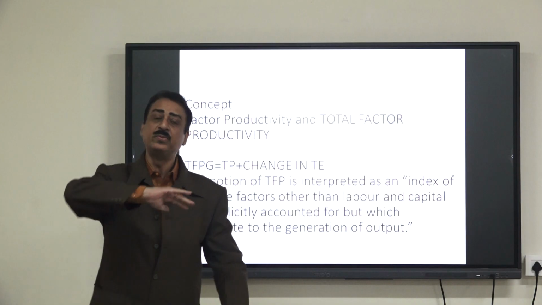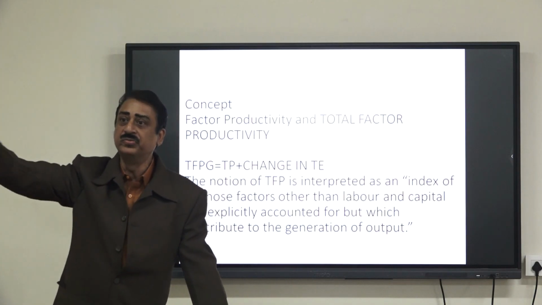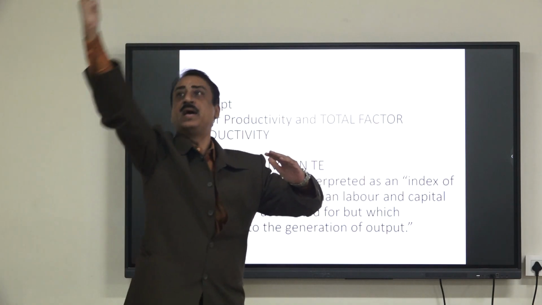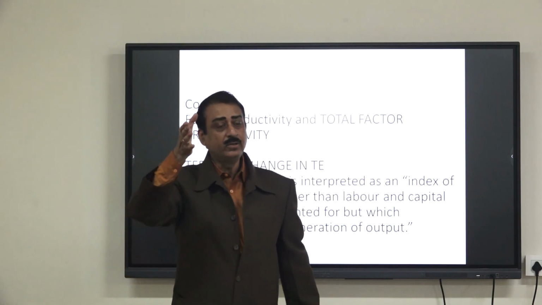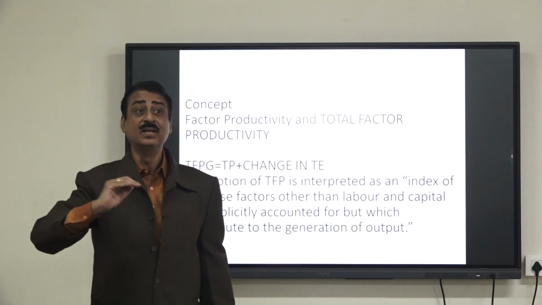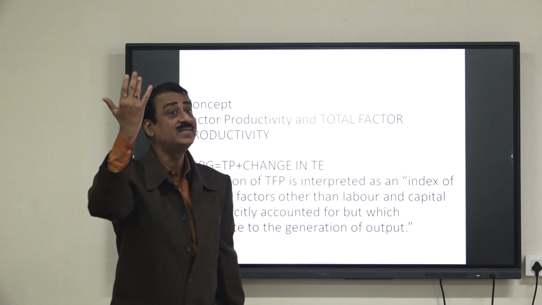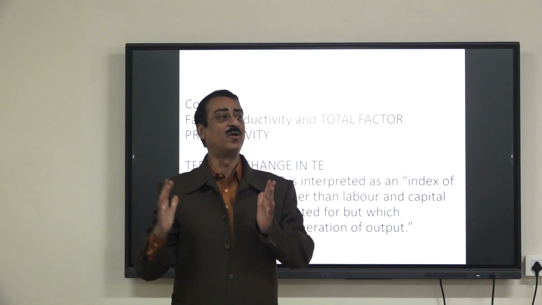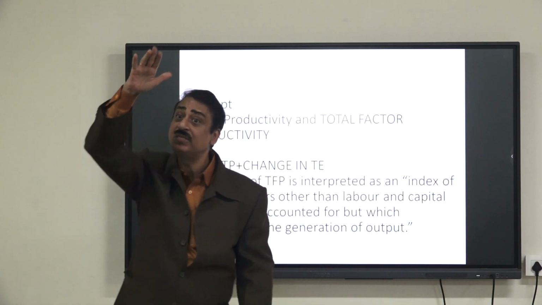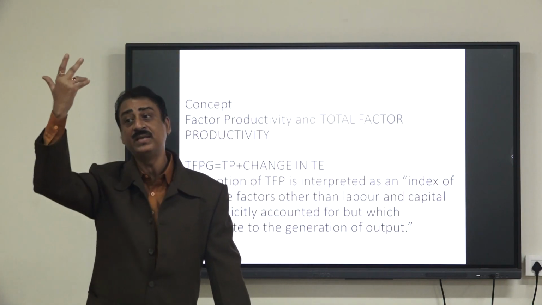So what it means is that when the level of technology improves, technological progress takes place. This was the frontier, now you have a higher frontier. Technological progress has taken place, but that does not necessarily mean that I will be able to realize the new potential of the new technology. It is quite possible that my efficiency may come down or may increase.